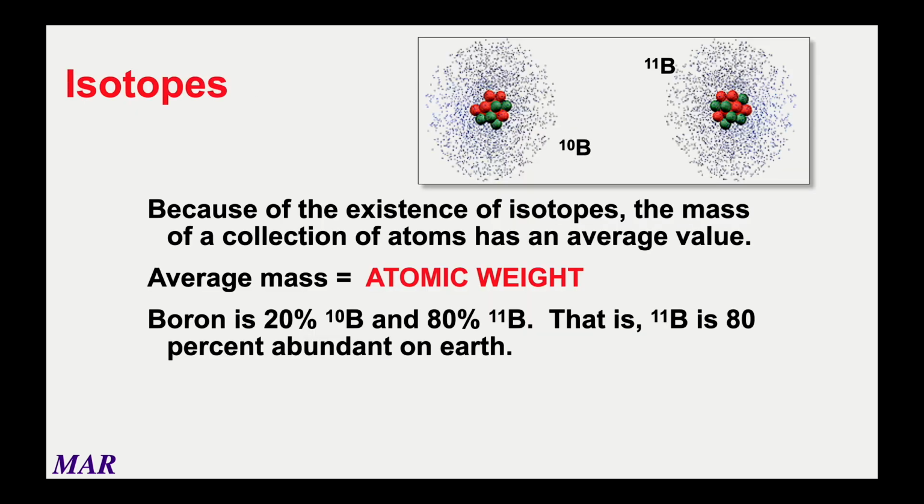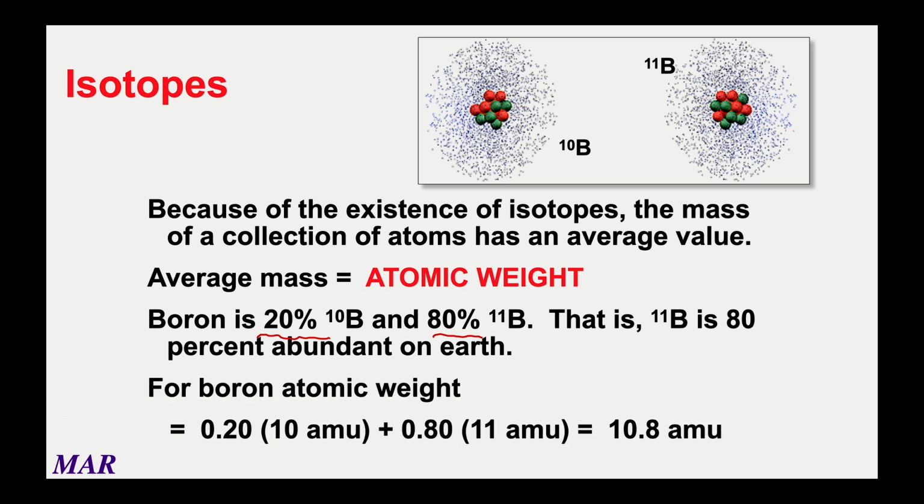Atomic weight is the average, and I'd like to use an example of boron to see how this comes around. Now, when people have studied boron on the Earth, they find that about 20% is boron-10 and about 80% is boron-11. So it would be nice to know what the average mass of boron is. What's really interesting is that if you've done things with statistics before, you can do this.